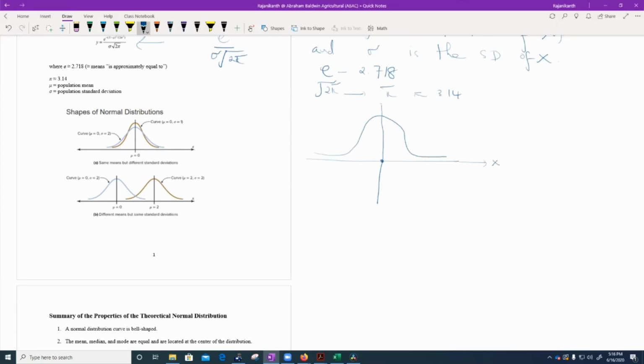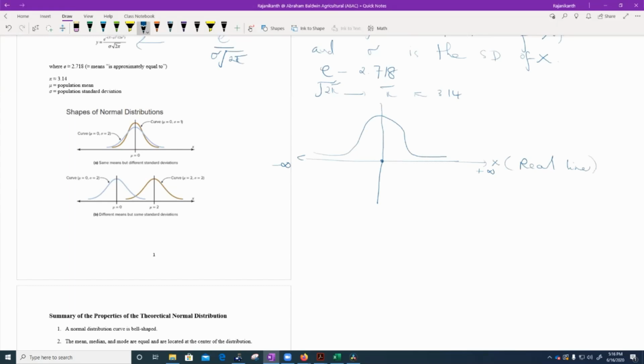This is my random variable x. X may have infinitely many values along the x-axis, so you could think of the real line. You may have any number from negative infinity to positive infinity.